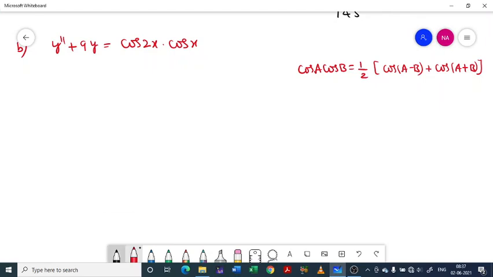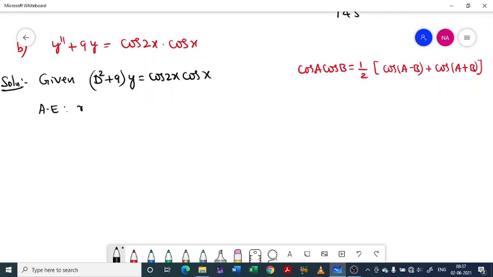Solution. Given D square plus 9 into y equal to cos 2x into cos x. Auxiliary equation m square plus 9 equal to 0.